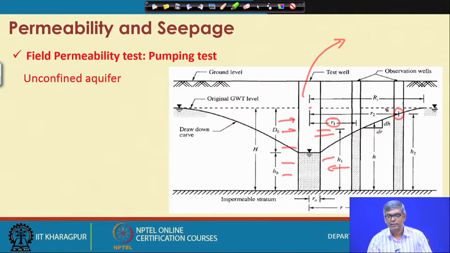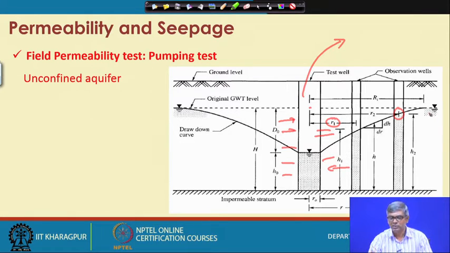When the water is pumped out, the water level will not come down uniformly everywhere, because there will be drawdown. The maximum drawdown will be in the well itself, and as you go away from the well the drawdown will be comparatively less, and at some distance you will not see any drawdown.